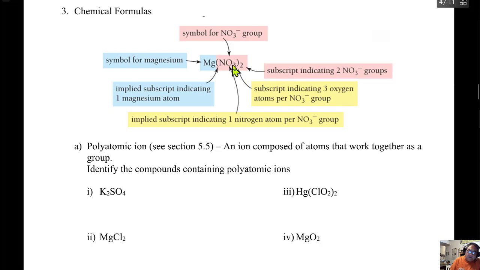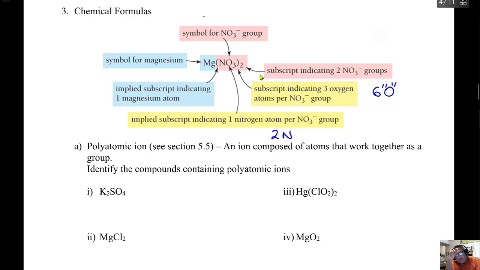So there's 3 oxygens here, but in total, because of the 2, I have a total of 6 oxygens. And then for the nitrogens, there's a 1 implied, but then there's a 2, so that's 2 nitrogens like this.